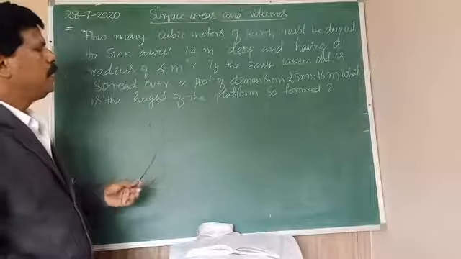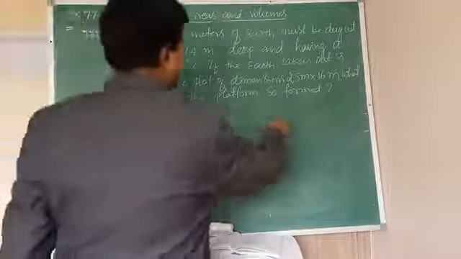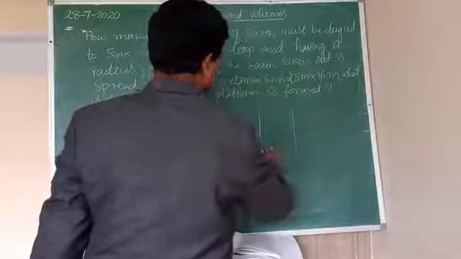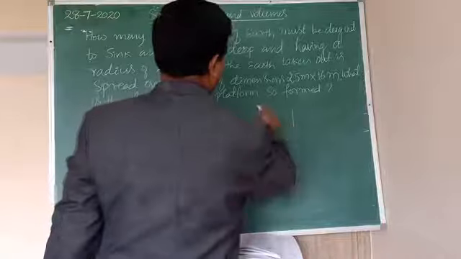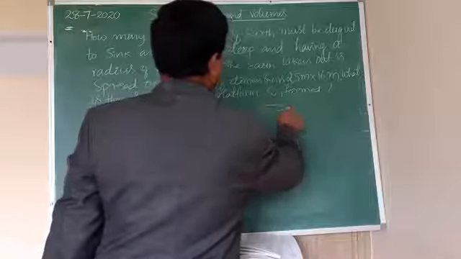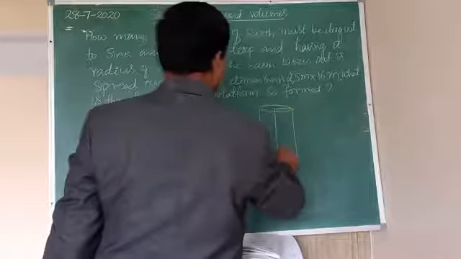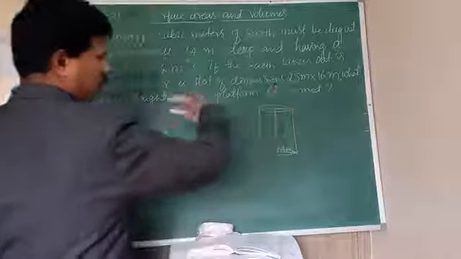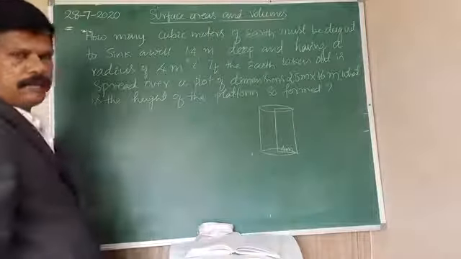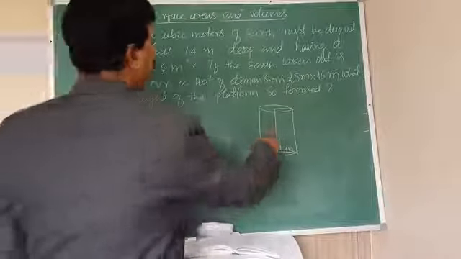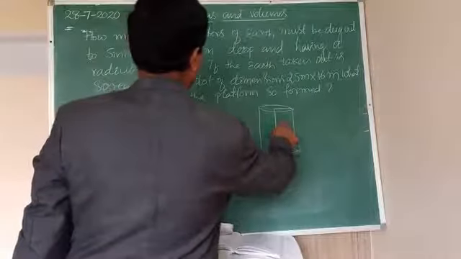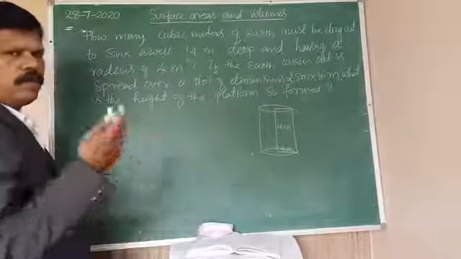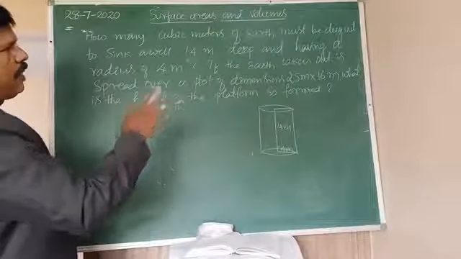Now here earth is dug out in the form of a well like this. Its radius is given. Radius is 4 meter, and the height is 14 meter. Then we are removing the mud from that.